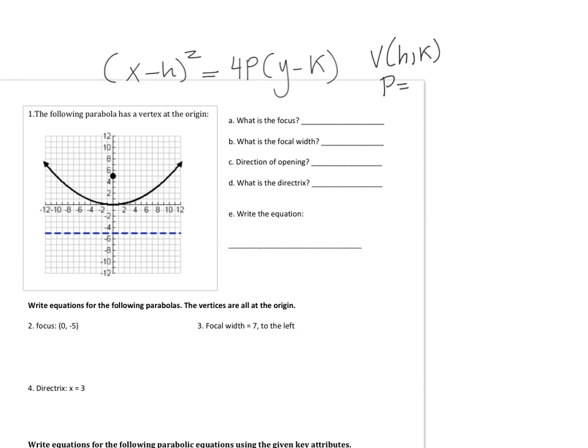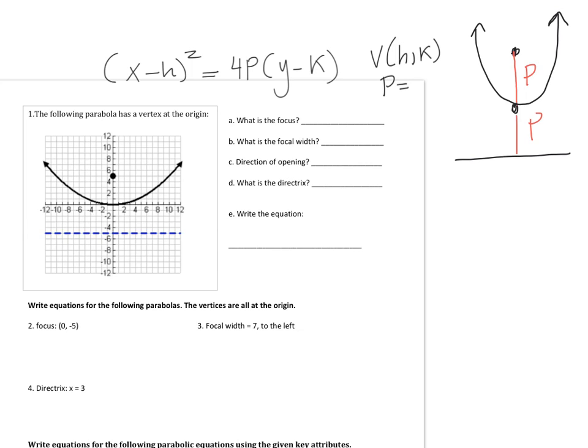So if I have a focus and I have a directrix, the vertex is going to be halfway between them, and the distance between the focus and the vertex is p, and the distance between the vertex and the directrix is also p. This is a parabola that opens upwards, since the focus is always going to be inside the parabola.